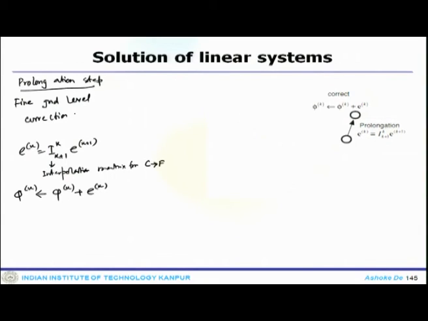So, the correction is basically obtained from the coarser level grid to the finer level.